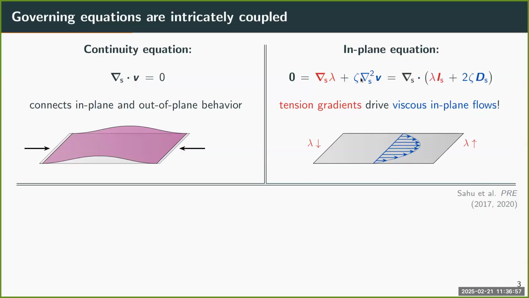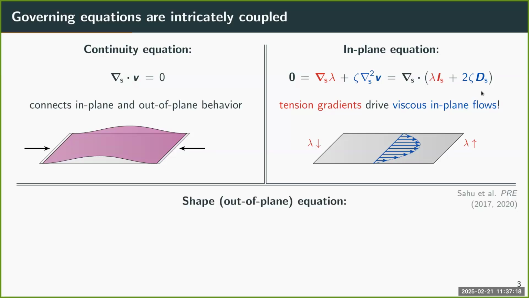Just like in 3-dimensional fluid mechanics, it's sometimes useful to write this expression as the surface divergence of the total in-plane fluid stresses being zero, where I is the surface identity tensor, and d is 1/2 the velocity gradient plus its transpose. This looks familiar from fluid mechanics.